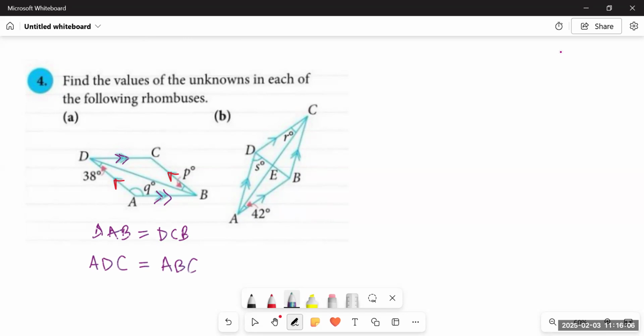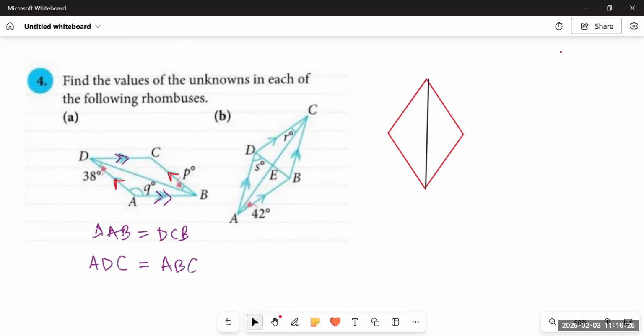from one vertex to the opposite vertex, bisect the angles. What does it mean? It means if, let's say, I have a rhombus, and I bisect it.